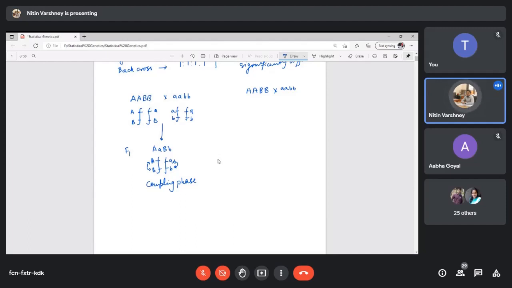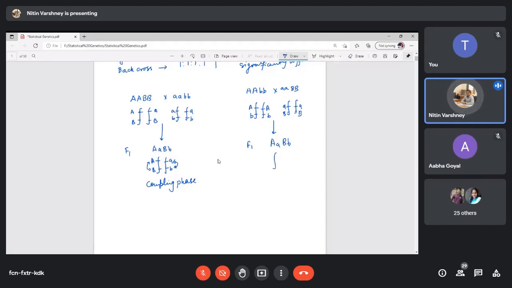Now the same here, if these loci are like this, capital A, small b, and now this is the setup. I will get F1 like capital A, capital B, small b, same F1.